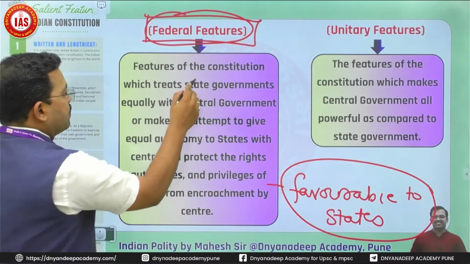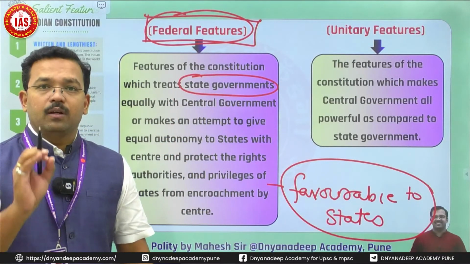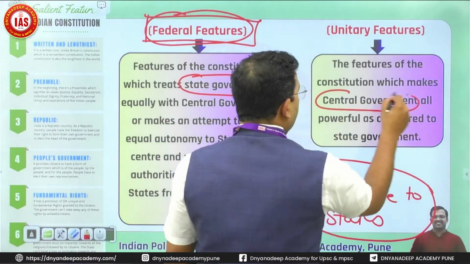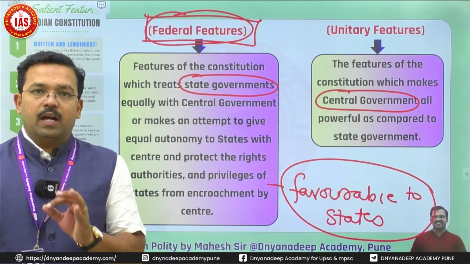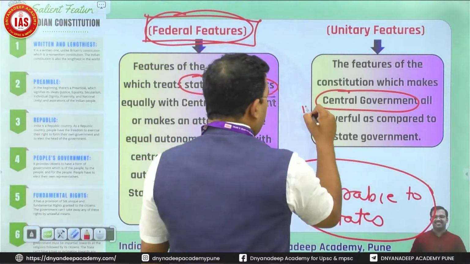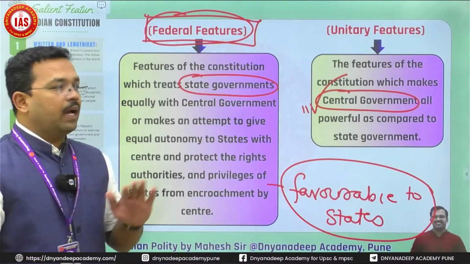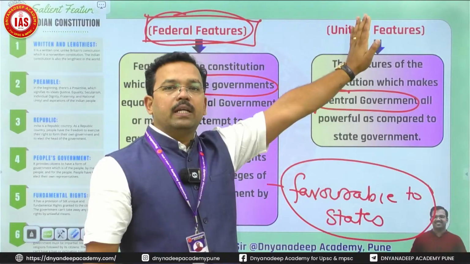They favor state governments. Unitary features, those features which are completely in favor of the central government, are known as unitary features. Clear? So we have a federal system which is biased towards unitary government.